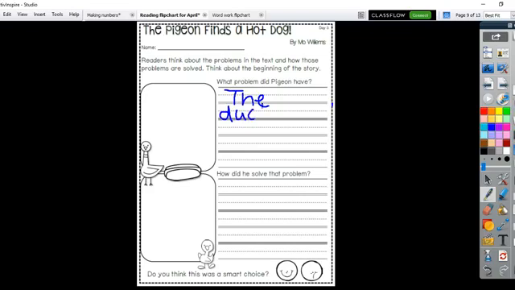Duckling wanted to try the hot dog. And I apologize, I'm writing on my screen, so that's not the best writing, but it'll work for today. The duckling wanted to try the hot dog.